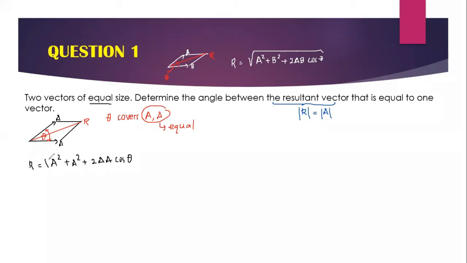So the resultant equals the root of 2A squared plus 2A squared cosine theta.